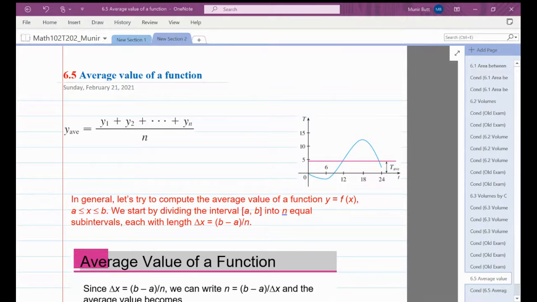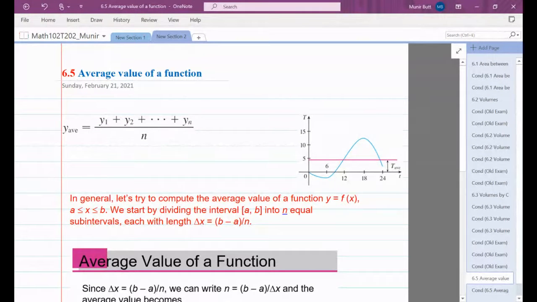Today we are going to see, if we are given some function values, what the average value will be.